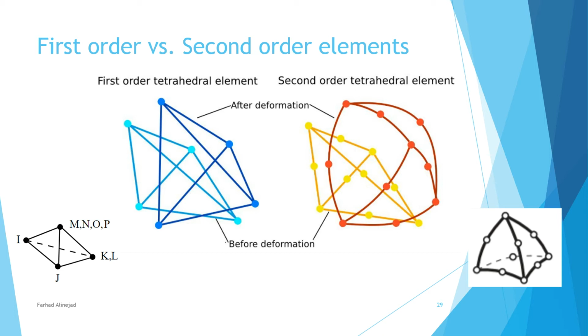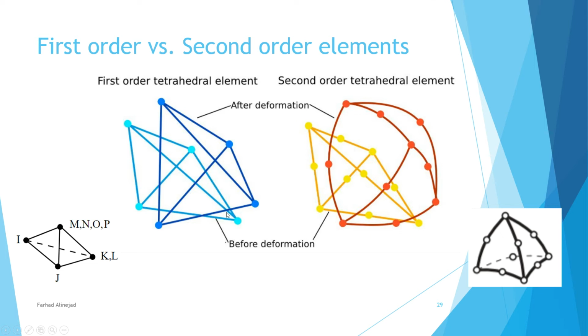Now we can see here the first order and the second order elements. On the left, you can see the first order tetrahedron element, and you can see what will happen after the deformation of the element. Here you can have an image of the element, how it is shaped. Maybe it is difficult to understand what the shape of the element is here, but you can imagine from this shape.